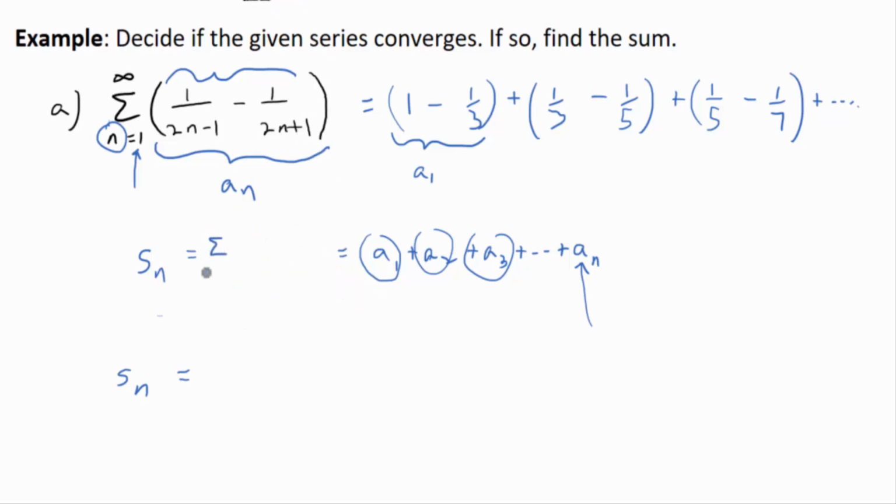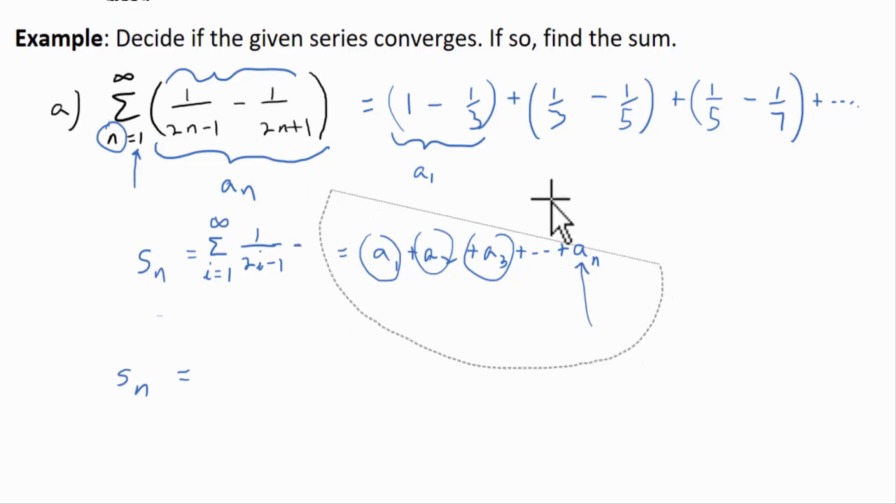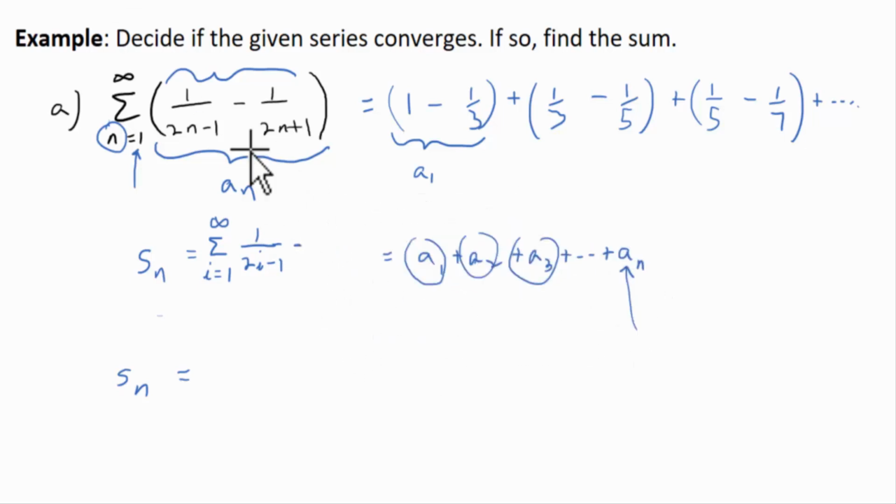In summation notation, it looks exactly the same as what you started with, except you replace the n's with your new index: 1 over 2i minus 1 minus 1 over 2i plus 1. Let's write it out.